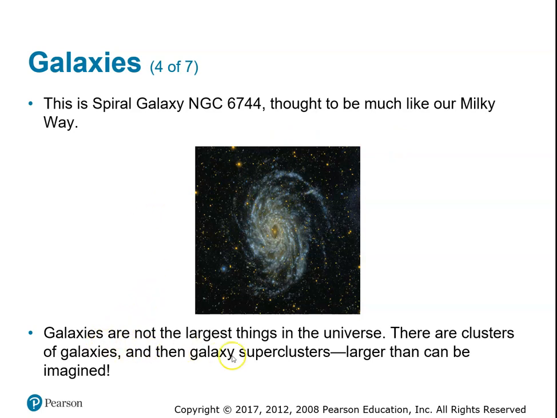Galaxies are not the largest things in the universe. Galaxies will actually cluster. When they cluster, that means they're gravitationally attracted to other galaxies, and those clusters themselves can cluster together into what's called a supercluster. So these are like clusters of galaxies, and our local supercluster is called the Virgo supercluster.